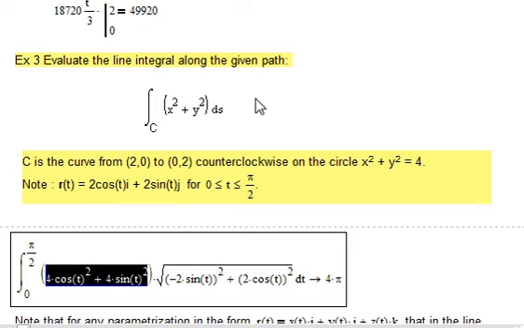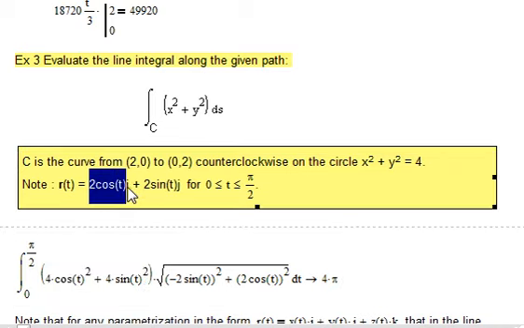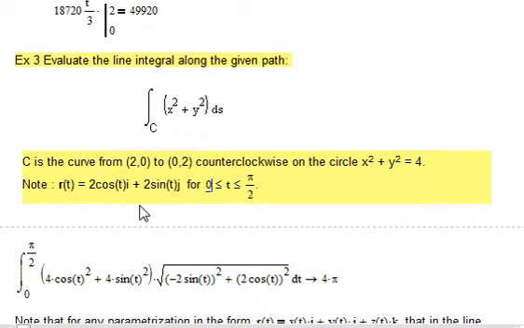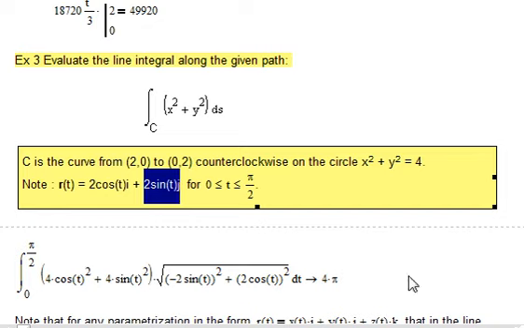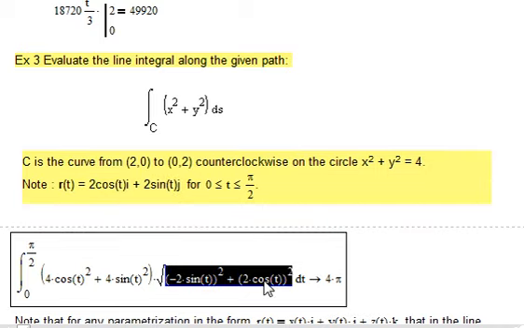Under our radical for the ds part, we're going to have the square root of the derivative of this term squared plus the derivative of this term squared. The derivative of cosine is negative sine, so we'd have negative 2 times sine of t, squared, and then plus derivative of this one, 2 times cosine of t, squared. So what we wind up with, under this radical, is the square root of 4 times quantity sine squared t plus cosine squared t.